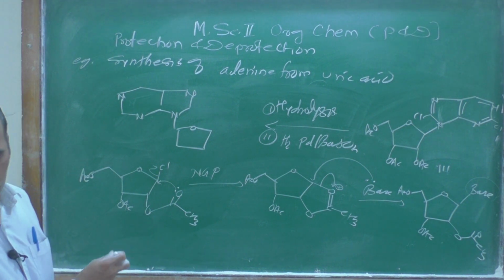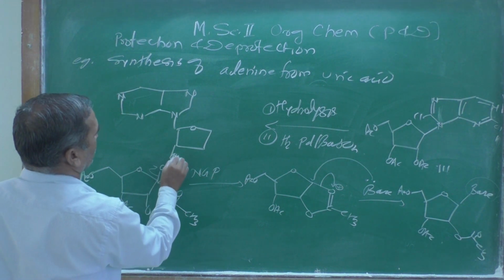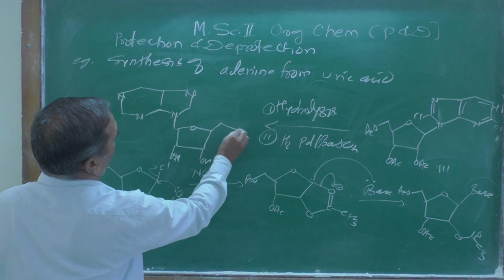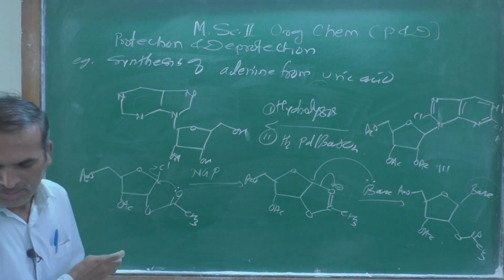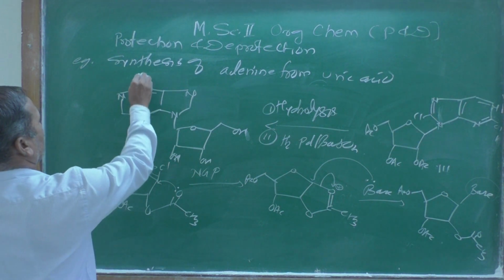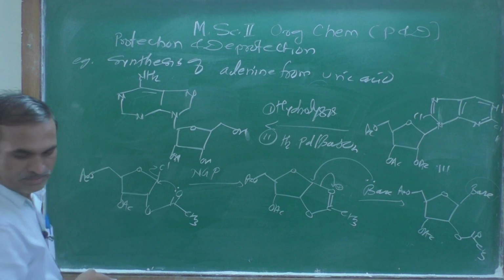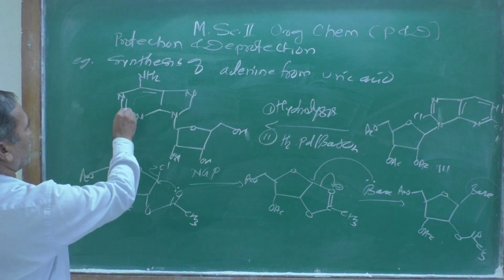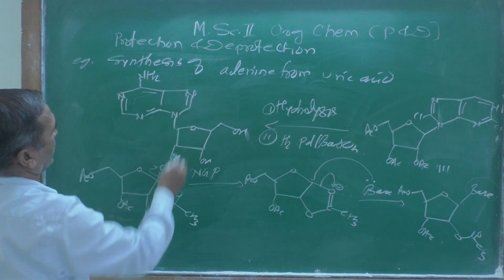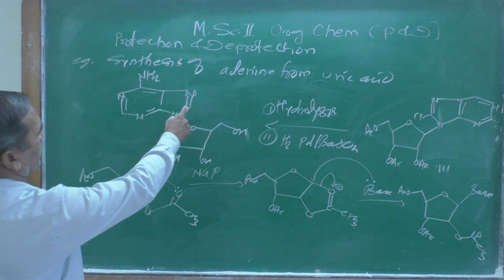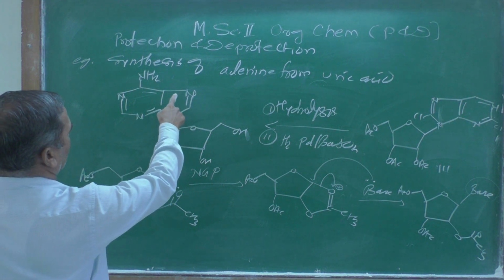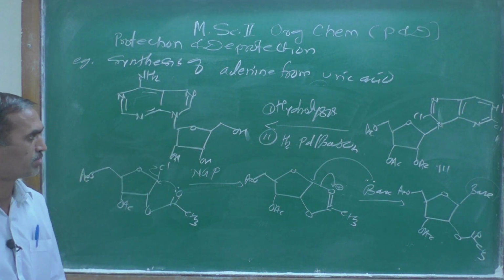OAc, OH, this OH over there, and in this there is an NH2, then a double bond, and a double bond, single bond, double bond, alternating double bonds over there.